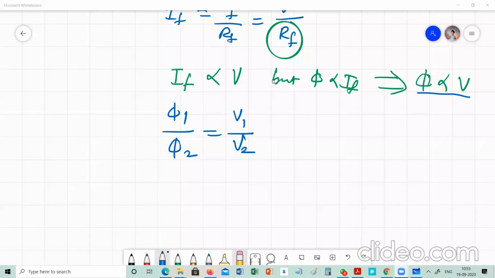Okay. So phi 1 by phi 2 is equal to V1 by V2, they have given the value of V1 is equal to 200 and the value of V2 is 175. 25 8s are 200, 25 7s are 175. So phi 1 by phi 2 is equal to 8 by 7.